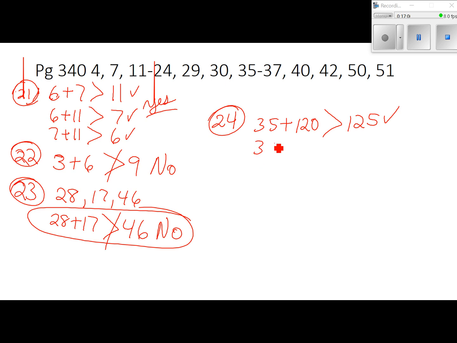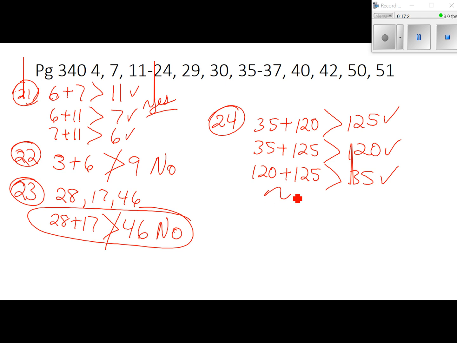Then I'm going to pick 35 plus 125, and that should be greater than 120, and it is. And then I'm going to pick 120 plus 125, and that should be larger than 35, and it is. So yes, those three numbers can form a triangle.